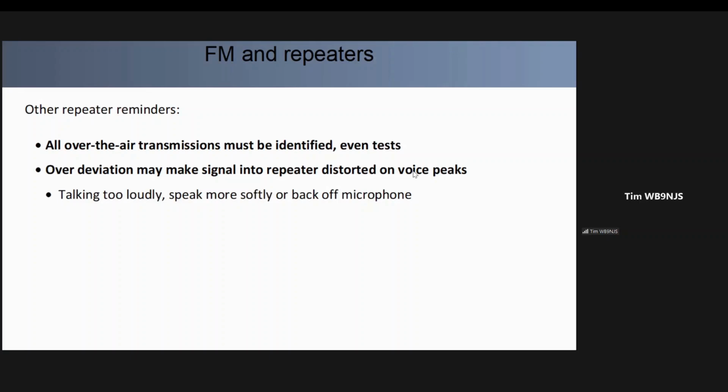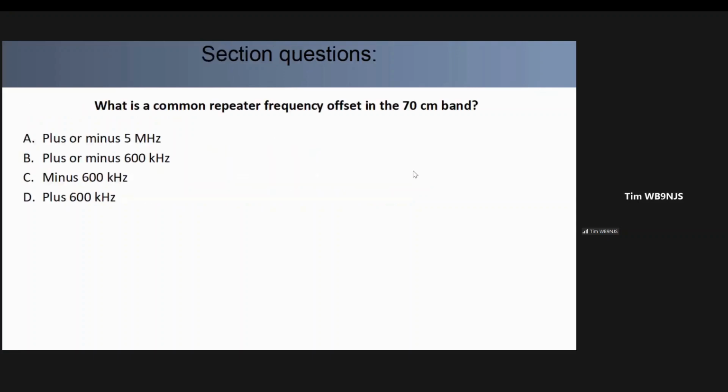It's too much change in the frequency, and that causes your voice to be distorted and or cut out sometimes. So how do you fix this? Well, it's an indication you're talking too loudly. So if you get a report of that, speak more softly or back off the microphone, or if your radio has a microphone gain control, back off on that. Over deviation indicates you're talking too loudly, and it can cause your signal to distort on the voice peaks.